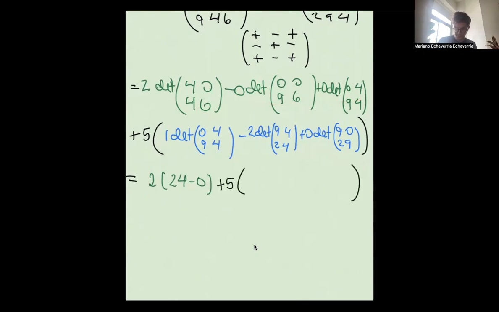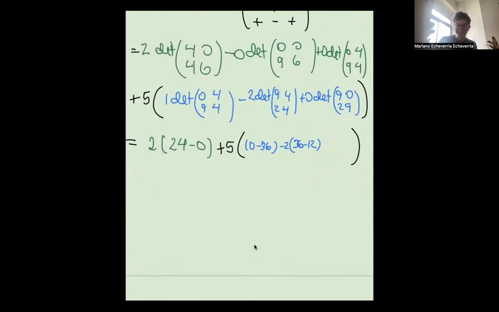And then what's this one? This one is 1 times 0 minus 36 minus 2. And then this is 36 minus 12, right? And the last one you also don't need to worry about because it had a 0.